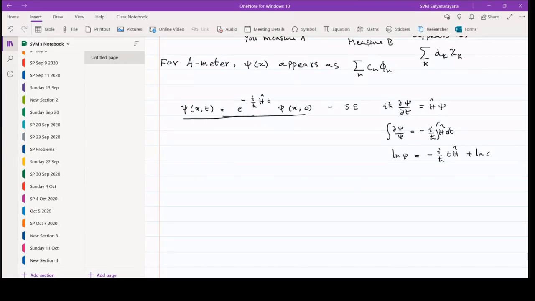So this H here has to be H only; it cannot be anything else. That is what we say: H governs the time evolution. Or sometimes you call this time translation.